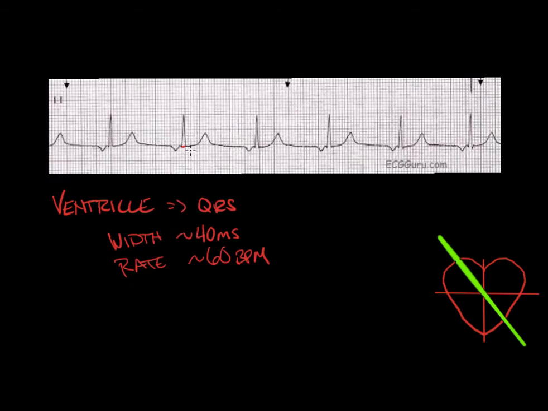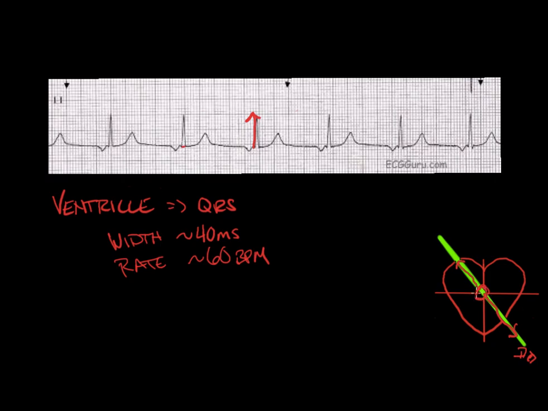Lastly, we're going to look at is our complex positive or negative, and we can see that the overall direction is positive. So what is this telling us? Well, we have a regular rhythm at a rate of 60 beats per minute that has ventricular conduction heading down towards our lead 2, but also away from that for the atrium.